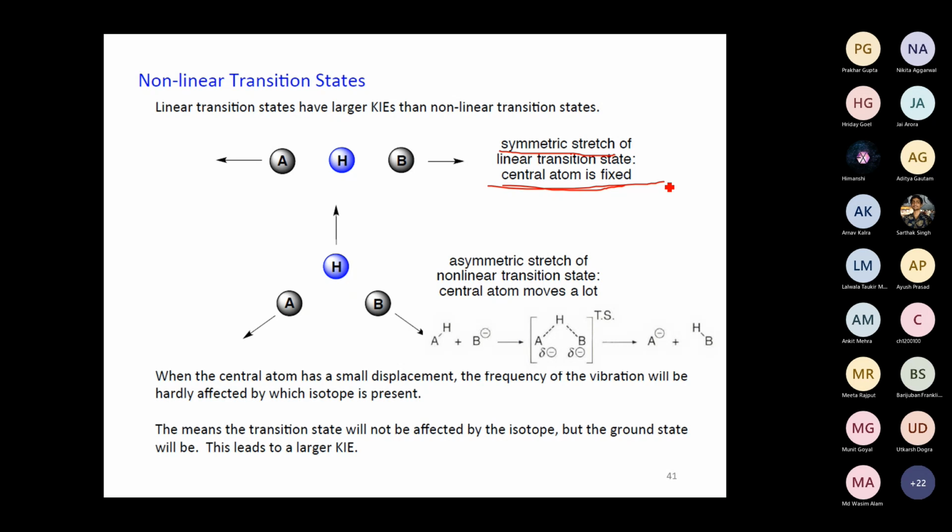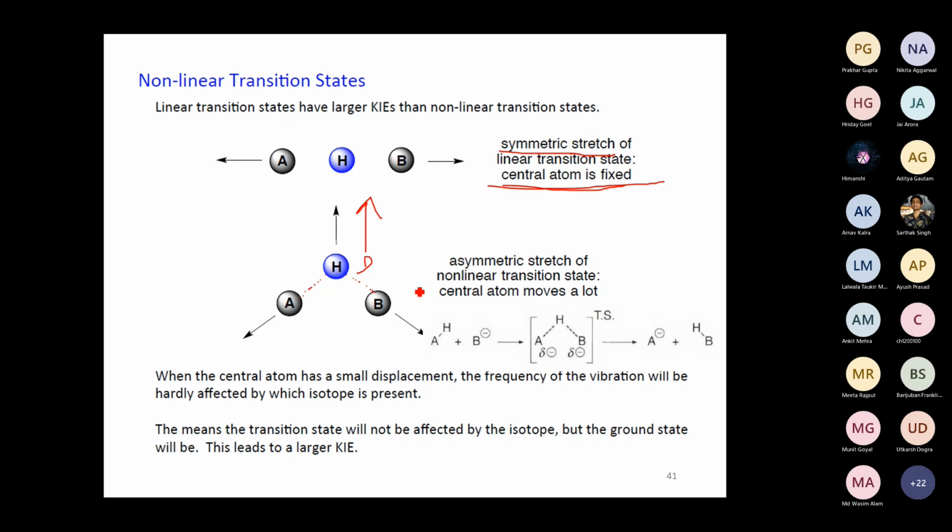I'm telling you, right? So if the transition state is bent, as I told you in the last slide, what will happen? You can see now, H or D will also have vibration, isn't it? It will vibrate this way.